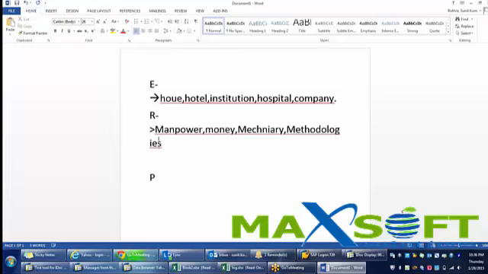These are the general resources which a company has: the manpower, the money, the machinery, and some methodologies they use. They have to manage these things very well, to run the company successfully and achieve maximum benefit out of it, which in turn results in more and more profit.